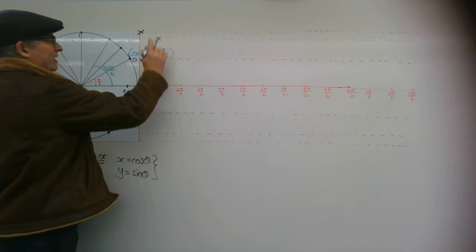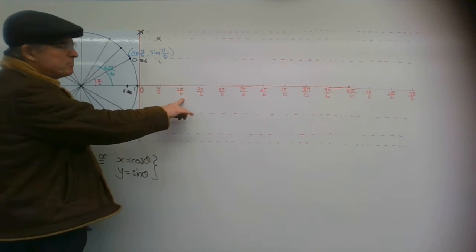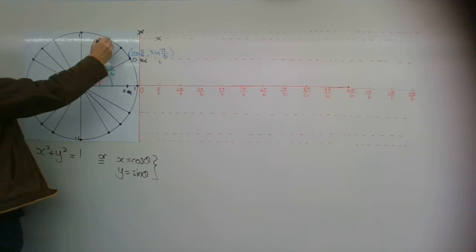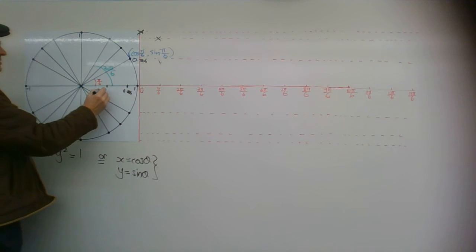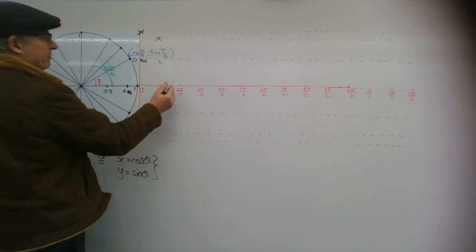And for 2 pi on 6, which is pi on 3, which is this one up here, cos is equal to about 0.5. The x value is about 0.5.